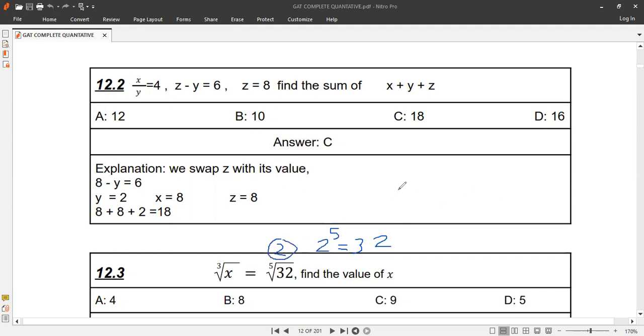Now we have the cubic root of x equals 2. Whenever you have a root, cubic root or square root, just try to remove it.